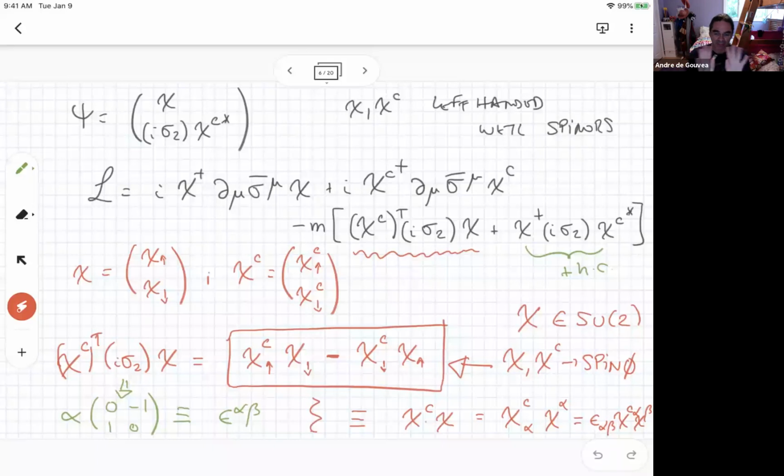So the mass term is the thing that tells you that chi and chi-c have some relation to one another, which is why we picked this name to begin with. That's why we called it chi and chi-c, because that was a reminder for us that because this mass term is here, this chi and chi-c are secretly part of the same Dirac fermion. If the mass term were not there, then the chi and the chi-c would be completely different objects.